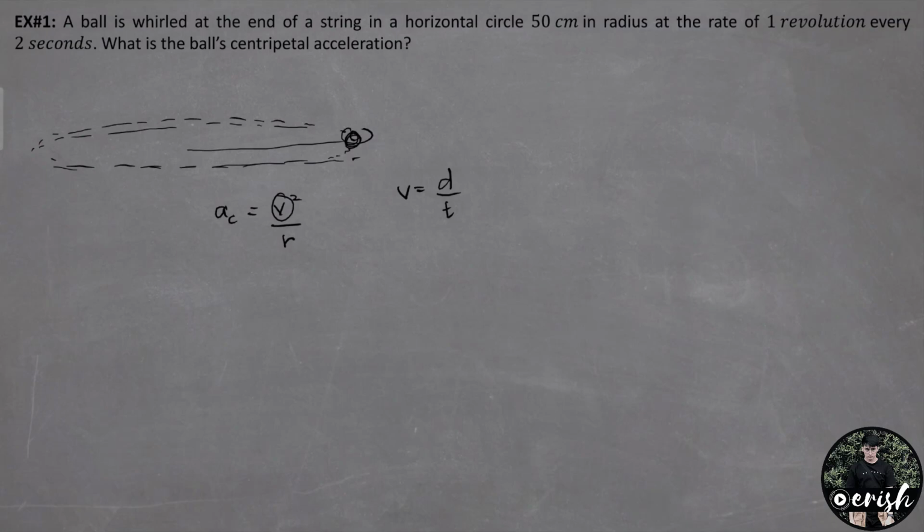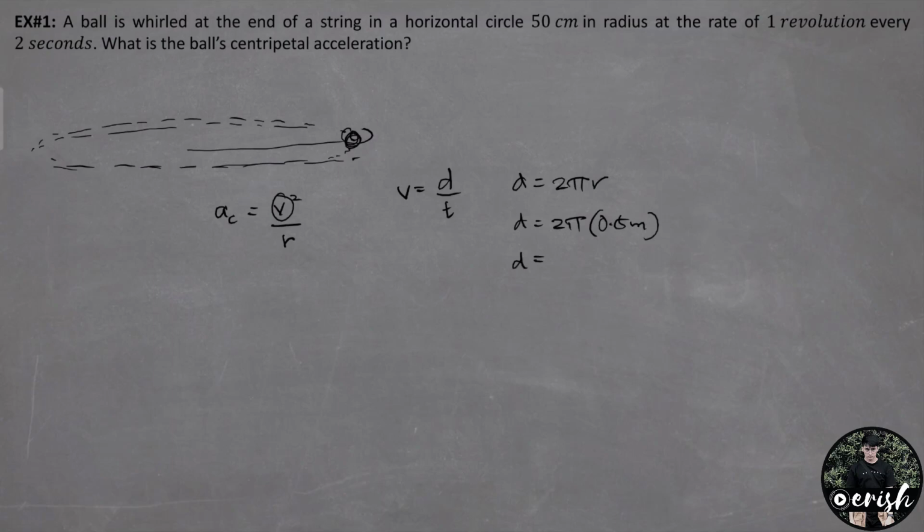To solve for that, the distance is equal to 2 pi r, 2 times pi. The value of pi is 3.14 something. And our r is given again, we have 50 centimeters. So, that is the distance. To solve for the distance, we have 2 times pi, our radius, we have 50 centimeters or 0.5 meters.